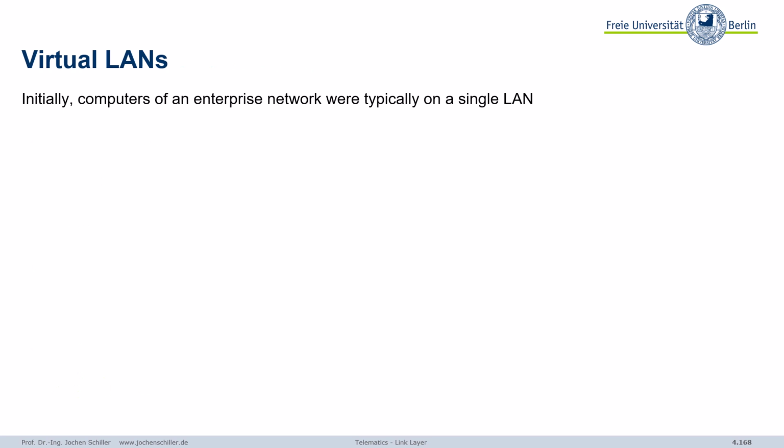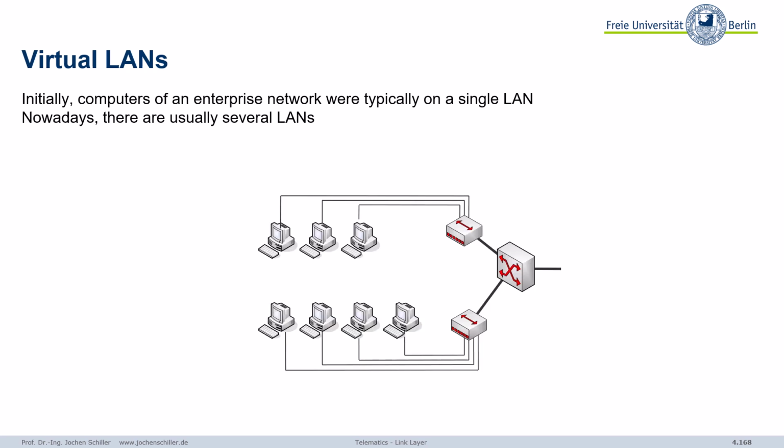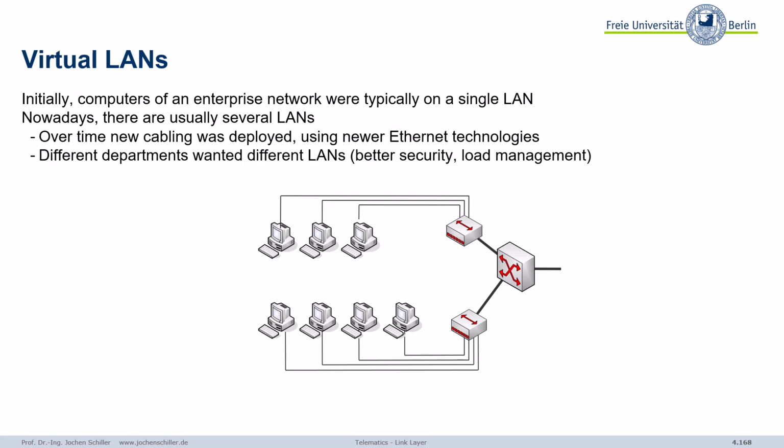Classically, we have the computers of an enterprise on a single local area network. Today, we have several of them. And I gave you several reasons why we have to separate them. So we have new cabling, we have new Ethernet technology, and different departments have different local area networks because we want to separate them.